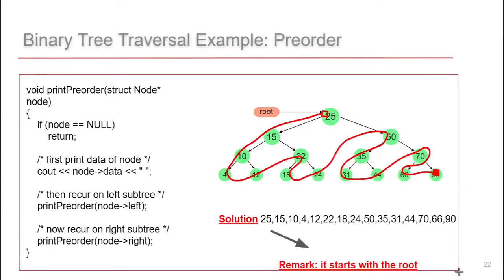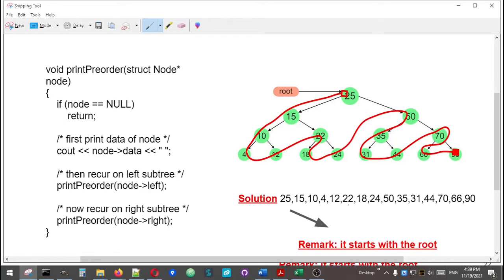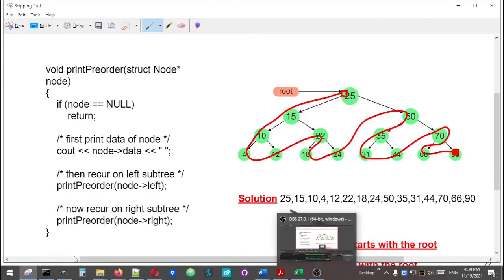So the first one is 13. You can see here that the first thing is the root, then the left and right.